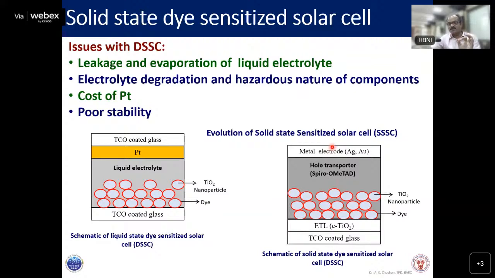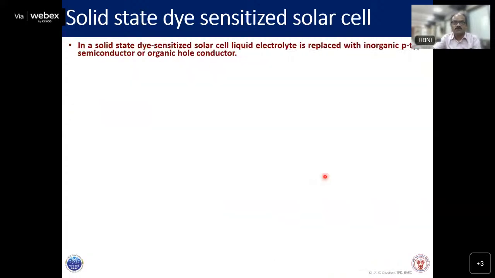There were two steps in the DSSC, where the hole was filled by the electrolyte component. Here you do not have electrolyte, but this hole can directly be transported to the outside metal using this material, Spiro. But this material itself is also unstable, meaning it also has instability issues.